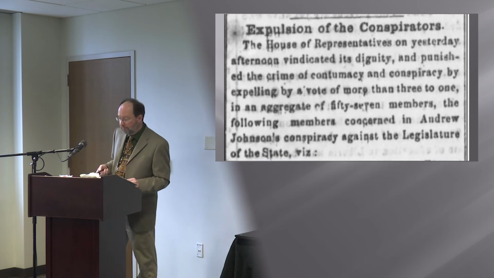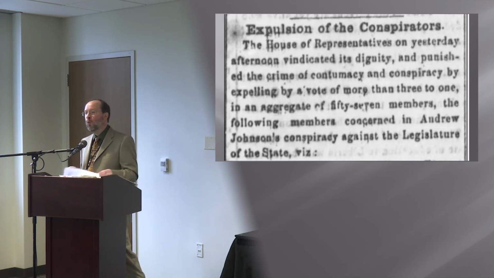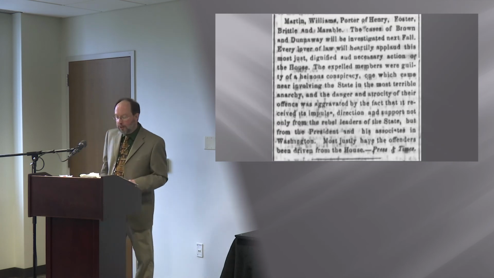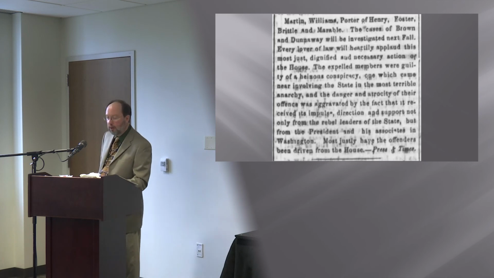The Union Flag: The House of Representatives on yesterday afternoon vindicated its dignity and punished the crimes of contumacy and conspiracy by expelling by a vote of more than 3-1 the following members: Martin, Williams, Porter of Henry County, Foster, Brittle, and Marable. Every lover of the law will heartily applaud this most just, dignified, and necessary action of the House. Most justly have the offenders been driven from this House.